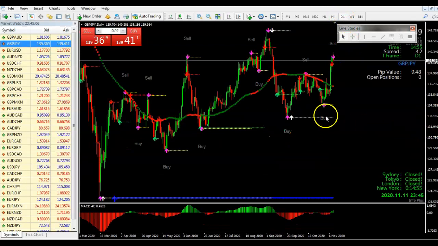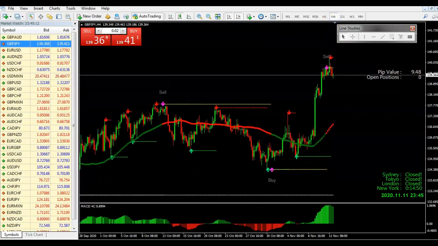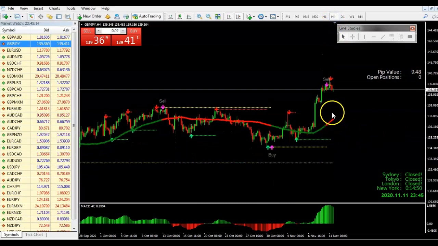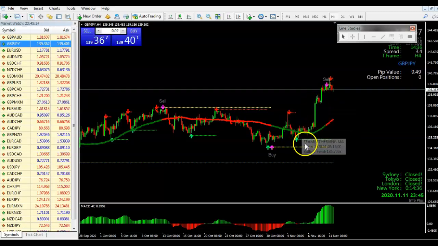It's up. That is the reason why we always advise you to be careful when you're doing counter trend trades, because this can happen. You might think that you're going down, but the master trend is the other way, so you're going against the main trend.